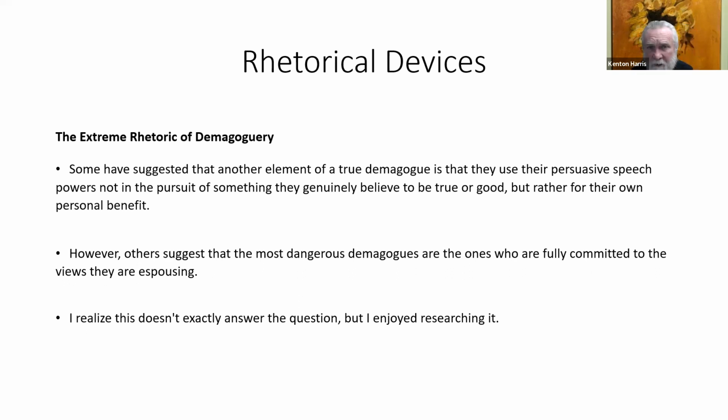So there isn't uniform agreement that there has to be this disingenuous motivation behind a demagogue. No, some demagogues are effective precisely because they are fully committed to the cause. So I realized that doesn't really answer my student's question, but I did enjoy researching it.